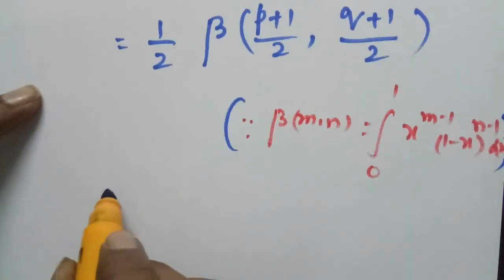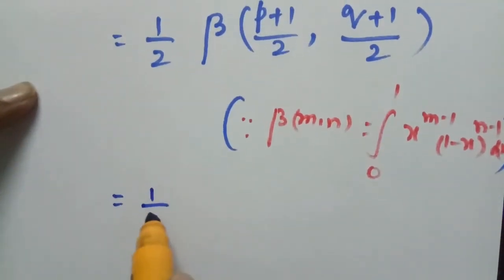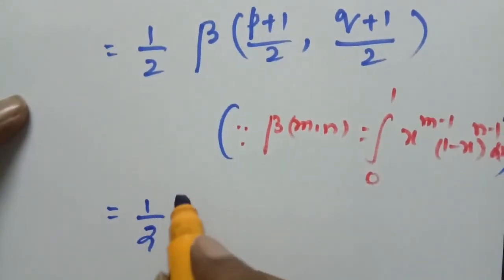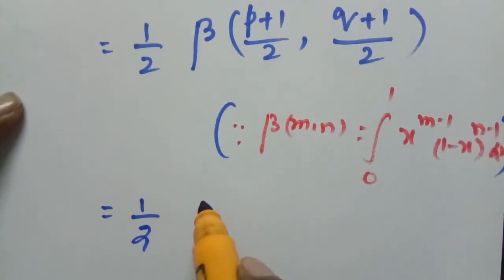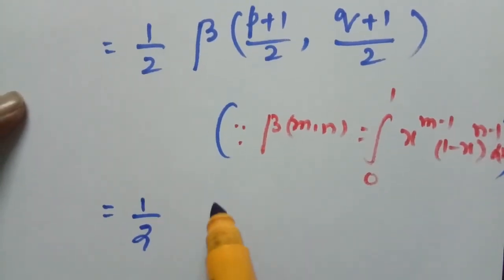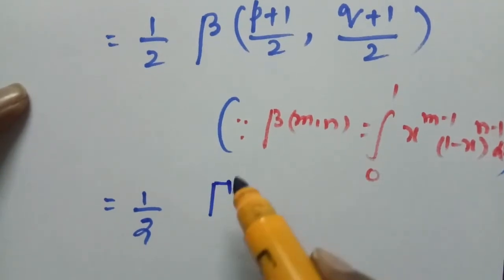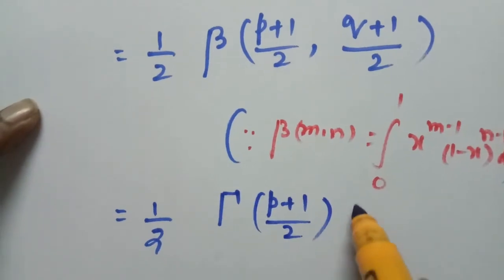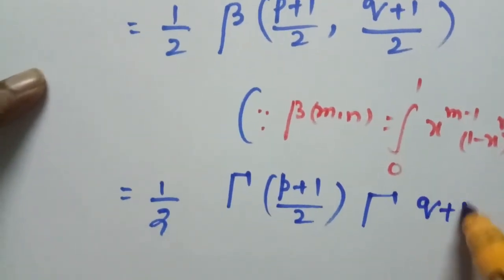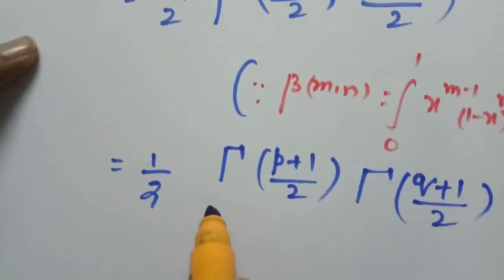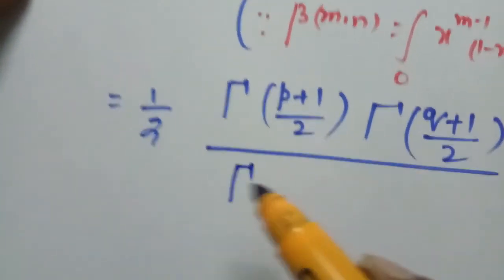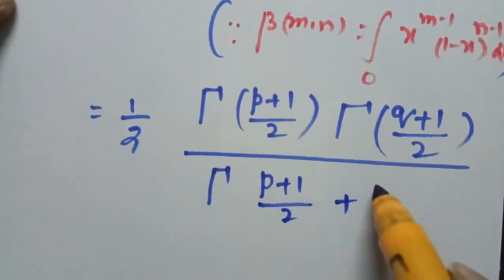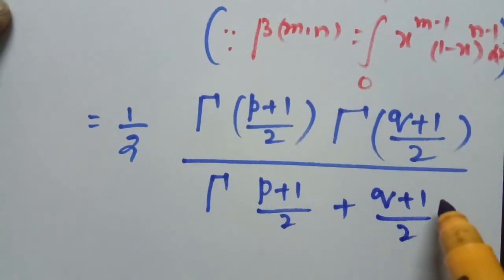Therefore, by the relation between beta and gamma, just before this result, we already proved that beta m comma n is equal to gamma m into gamma n by gamma m plus n. Here, in the place of m, we are having p plus 1 by 2, gamma m into gamma n, q plus 1 by 2, by gamma m plus n, that is p plus 1 by 2 plus q plus 1 by 2.